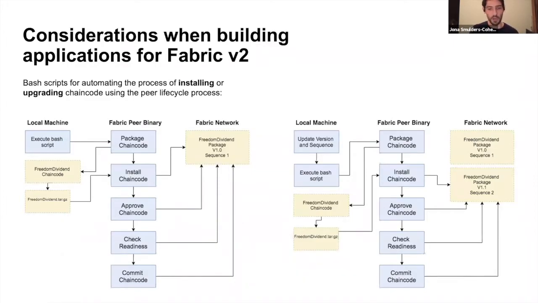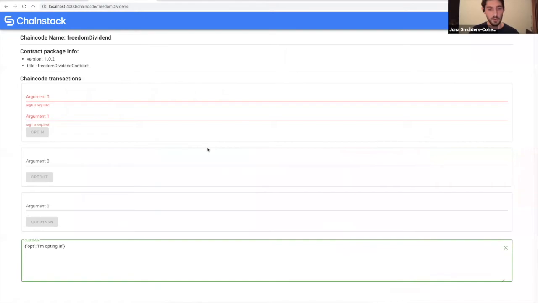So if we want to make small changes while we're in our development environment here, we can very quickly make some changes to the code, trigger our update, and it will package our chain code, install it to our peer, approve it on the channel, check the readiness, go through all the steps, and commit the chain code to the channel so that we can immediately see our changes and have a very quick development environment for working with Fabric.